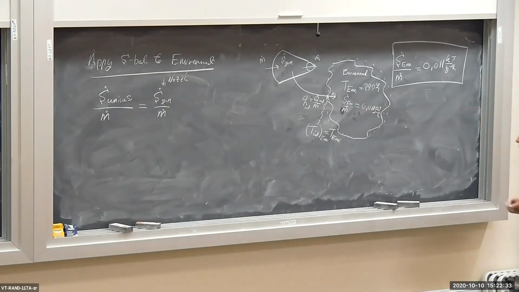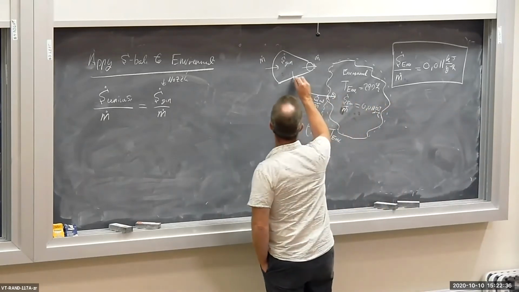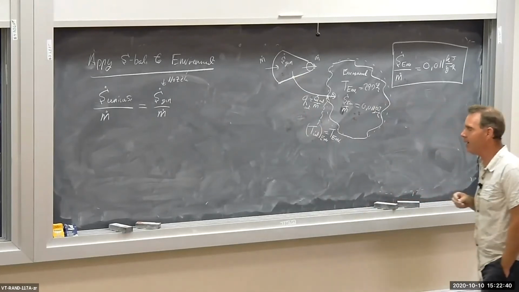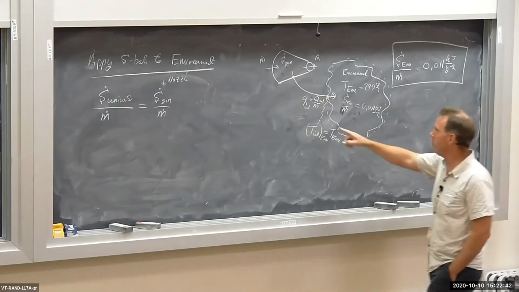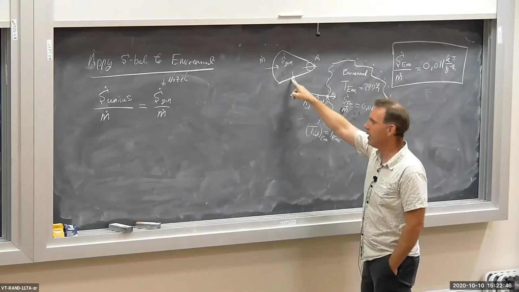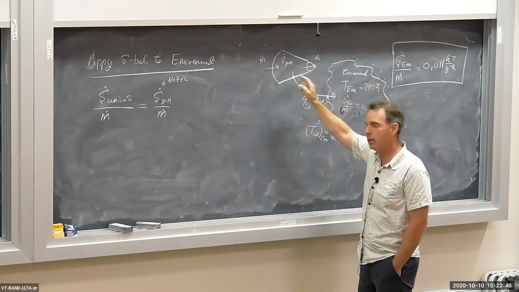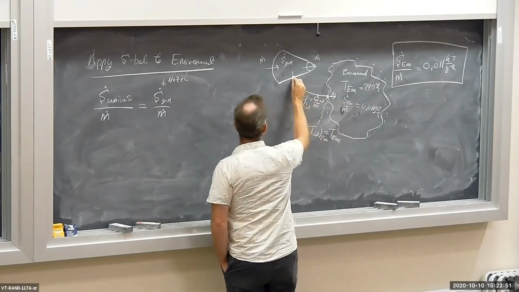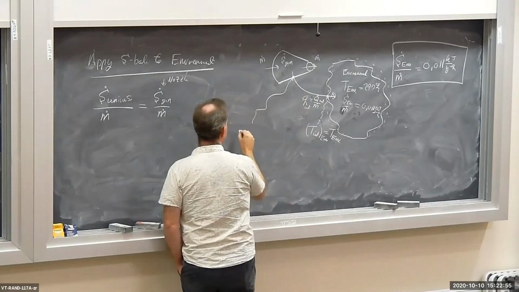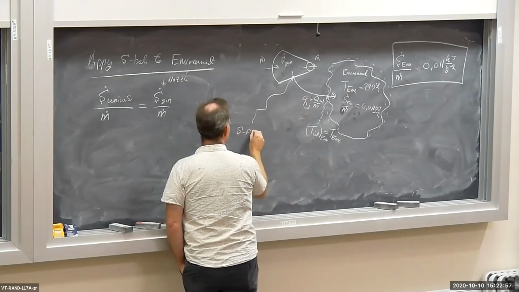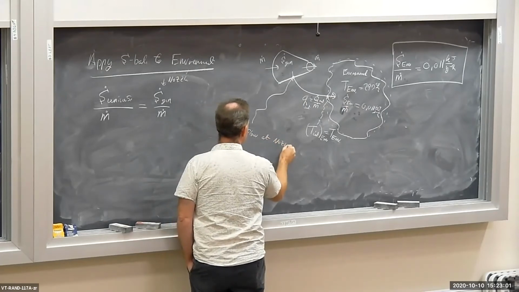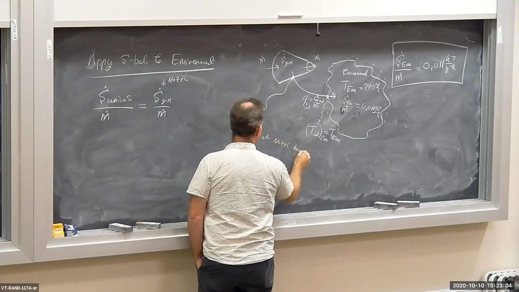Let us look at the entropy transfer right here at the surface of the nozzle. Let's actually calculate the flow of entropy, not at the environment, which we've already done, but let's calculate the entropy flow right here. S flow at nozzle boundary.